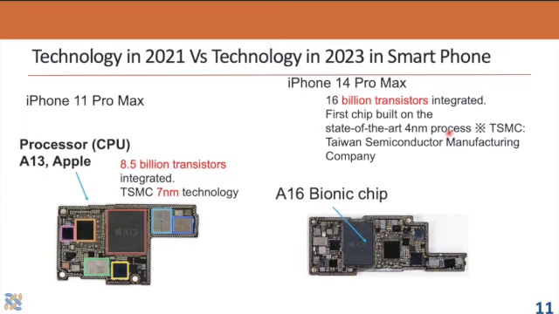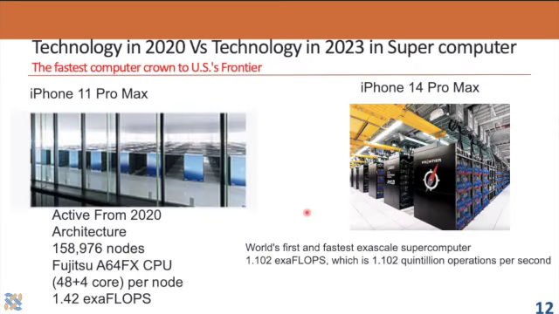Think about how the technology changed within these 3 years in a very small device, a smartphone or the iPhone. The same thing also happened in personal computers, server computers, cluster computers, data centers, and its impact remains in the supercomputer.